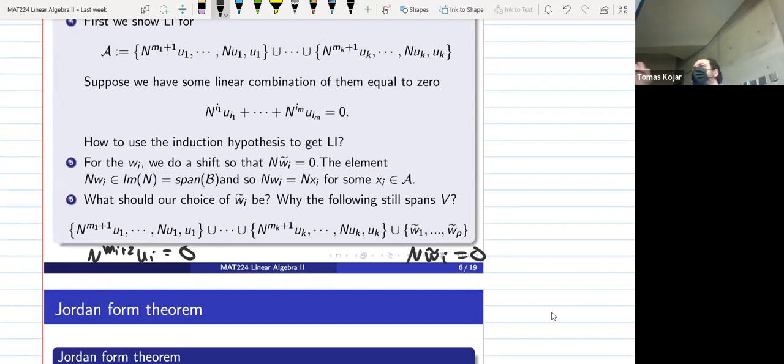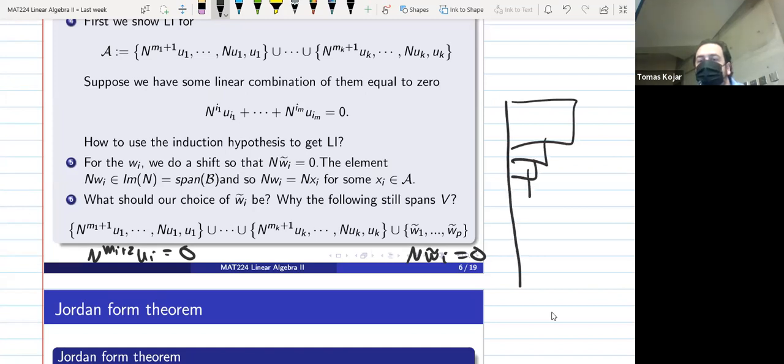So it satisfies that condition of being a chain. So now you go to your tableau and you just add a long stack of w's. You have w1 tilde to wp tilde, because when you apply N once, they all become 0. So this is your new tableau.